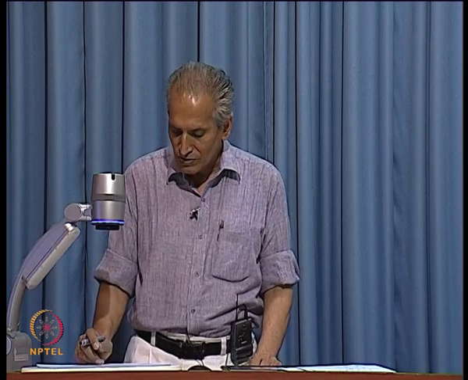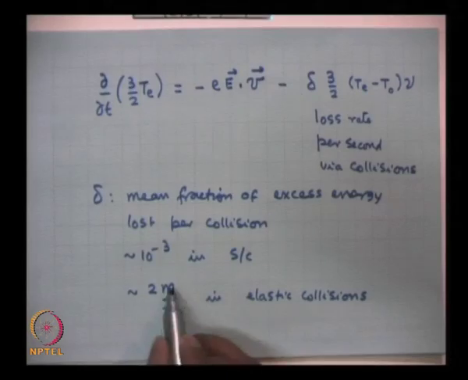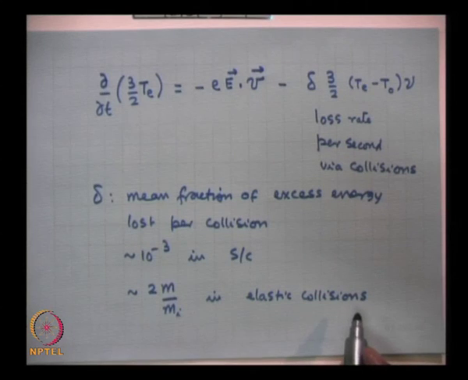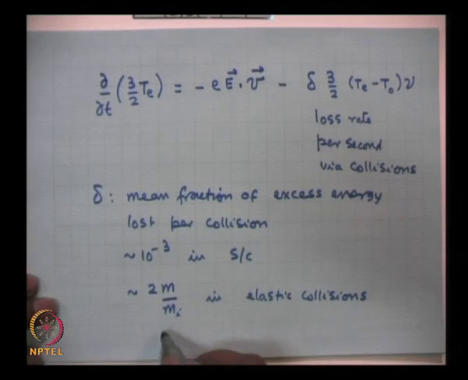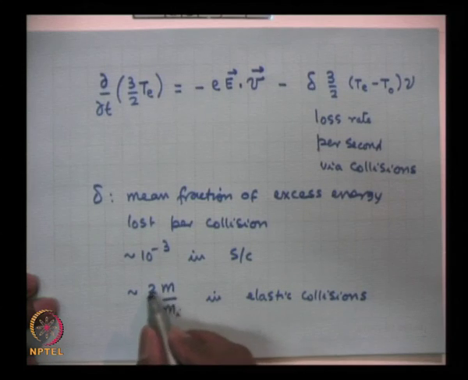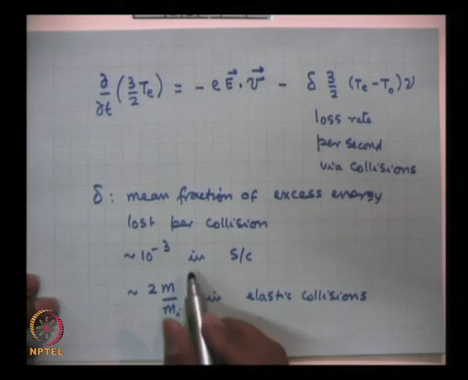On the other hand, if the electron suffers a collision and the internal structure of the atom is not modified, the electron does not go to a higher energy state in the atom, then the collision is called an elastic collision. In an elastic collision, this is the fraction of energy lost. Similarly with collisions with ions. So, this could be of the order of 10 to the minus 3, 10 to the minus 4.